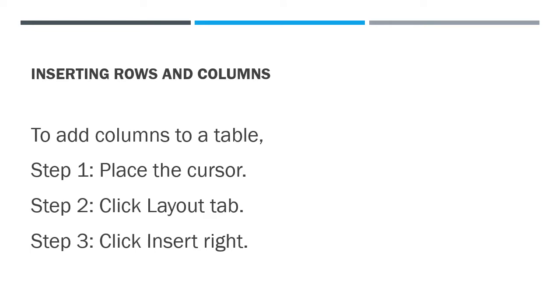And next we are going to see how to insert rows and columns. First we are going to see how to add columns to the table. First, see the steps. Step 1 is place the cursor, step 2, click the Layout tab, and step 3, click Insert Right.